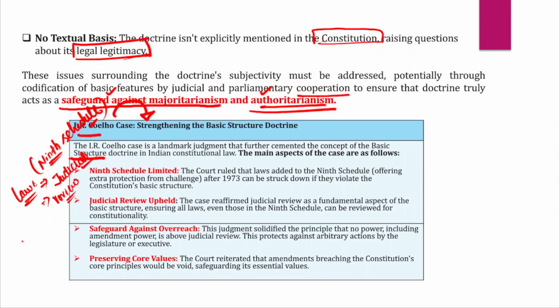So in order to protect such laws, the ninth schedule has been created through the first constitutional amendment, and certain laws would be included as part of the ninth schedule.